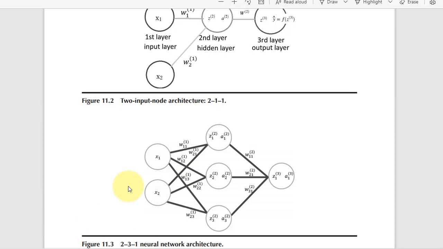It's a little hard to see just by looking at the picture, but this one is called W21. So the weight on this line here is called W11, and this line here is called W21. So suppose that's true, then how do you calculate this? You take this value, which is a number, times this weight, plus this number times this weight. Okay, and that's how you get this.